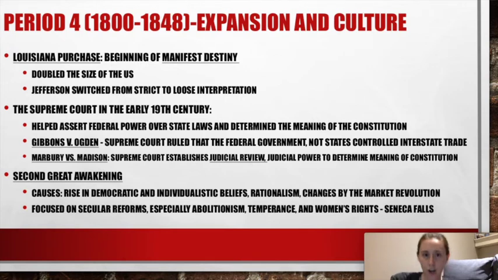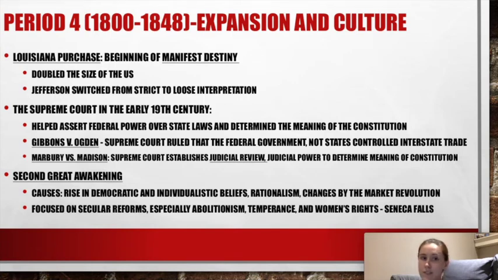Now, early 1800s, big thing you guys need to know: the Louisiana Purchase. We're going to double the size of the United States. To do this, Jefferson actually has to go back on some of his stated beliefs of a strict interpretation of the Constitution, and to actually make this purchase, he has to take a loose interpretation of the Constitution.